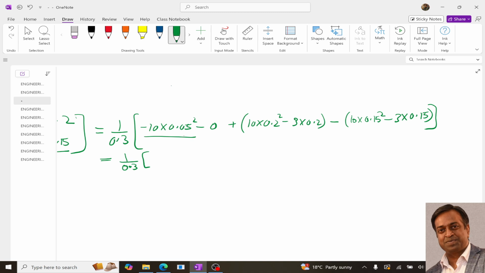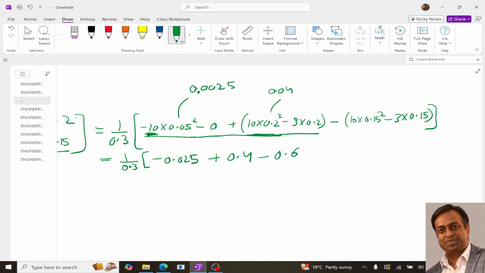So solving this, we will get 0.05 square, it is 0.0025, right? Into 10, so it will be minus 0.025. This is 0, so nothing is required. Now this term, it is 10 into 0.2 square, 0.2 square is 0.04, so it will be plus 0.4, minus 3 into 0.2, so it will be minus 0.6.